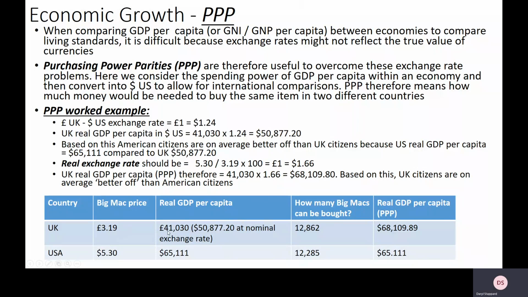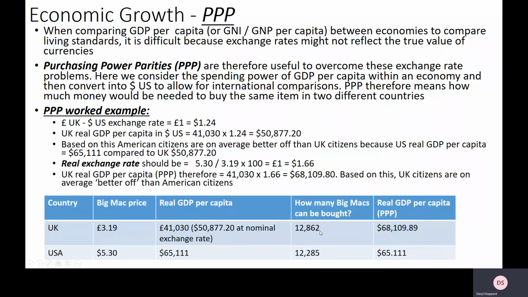With £41,000 in Britain, you could buy 12,862 Big Macs in Britain. 41,030 divided by 3.19. In America, $65,111 would buy you 12,285 Big Macs.